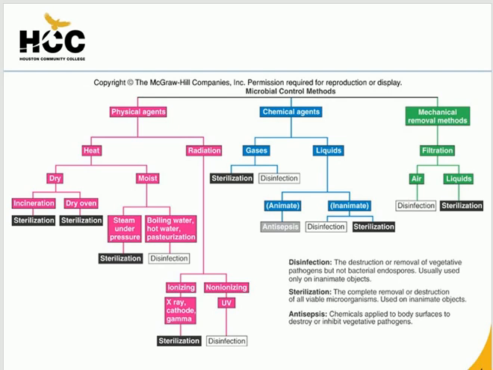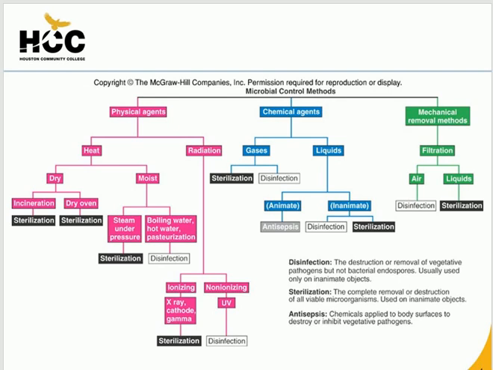Ionizing is a very strong agent, something like X-ray, cathode, gamma rays, and this will cause sterilization. If you ever had an X-ray before, you'll notice they put something on your chest to cover, because this is ionizing radiation. It causes sterilization, but it can kill your own cells, so that's why they always cover, but it needs to be repeated. Anyway, we need to remember that this is ionizing versus non-ionizing. Ionizing sterilization, non-ionizing disinfection.